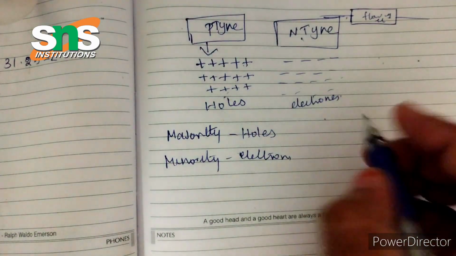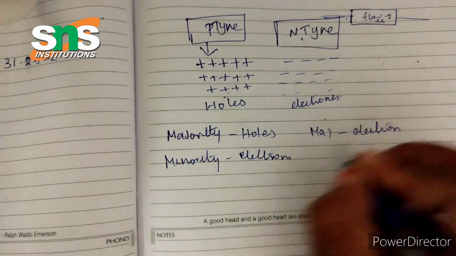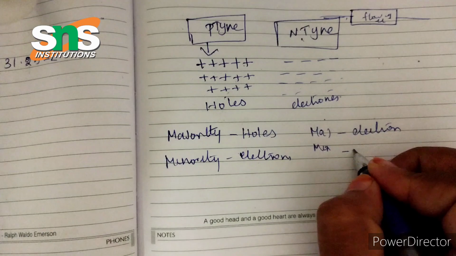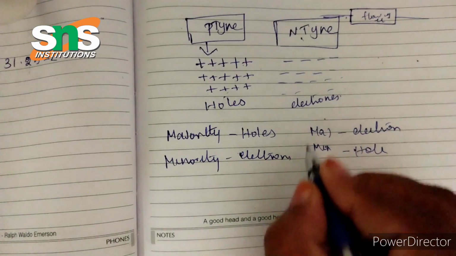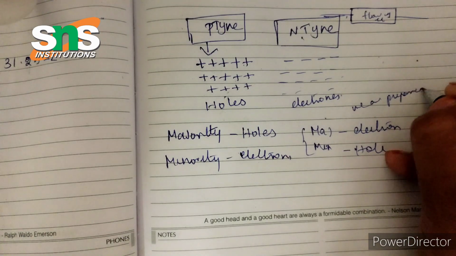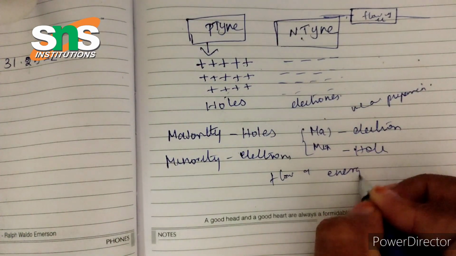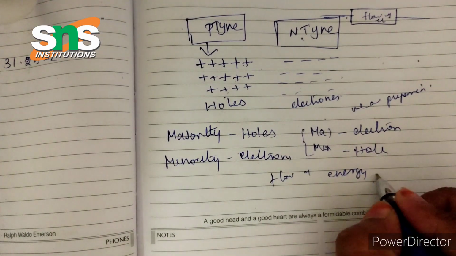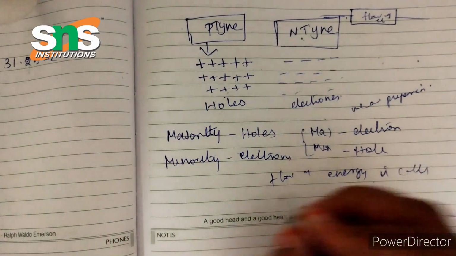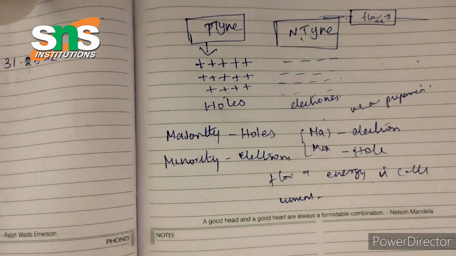In the case of n type, the majority carriers are electrons, and the minority carriers are holes. Mostly we prefer electrons to flow. Whenever we have a flow of energy, it is called a current.